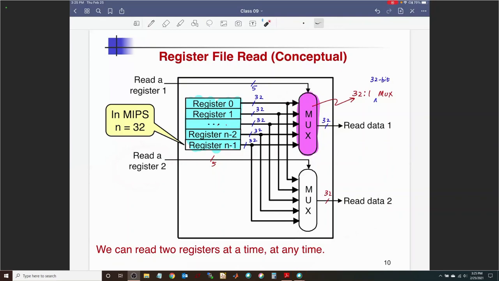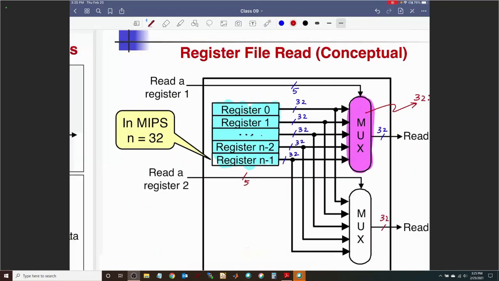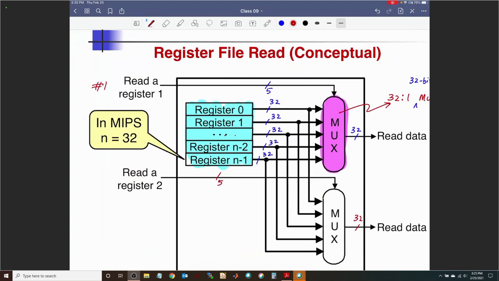Each of them is a 32:1 mux in which all the inputs and outputs are 32-bit. So for example, if you said number 1 here, right, this guy would go here. And if you said number 2 over here, then the next one is going to go here. That's how you read.